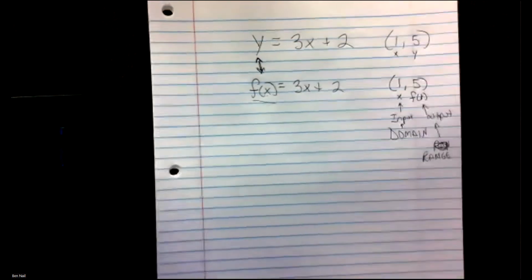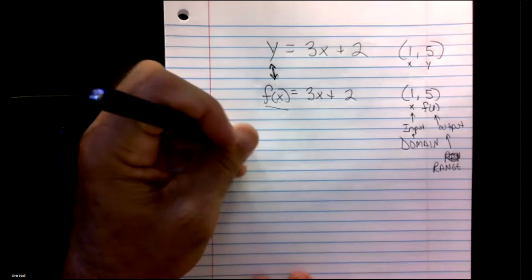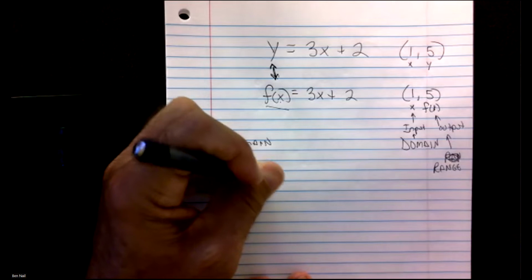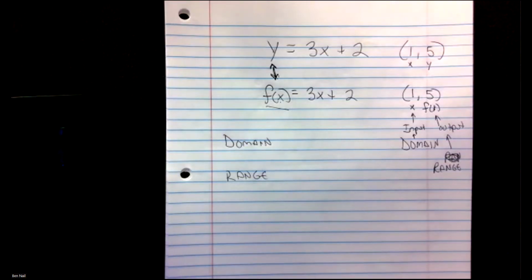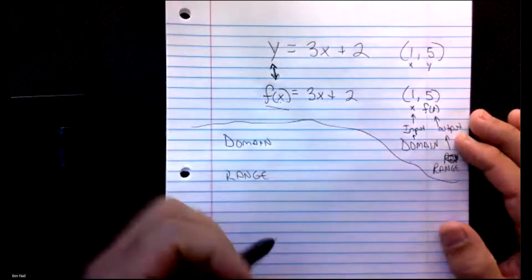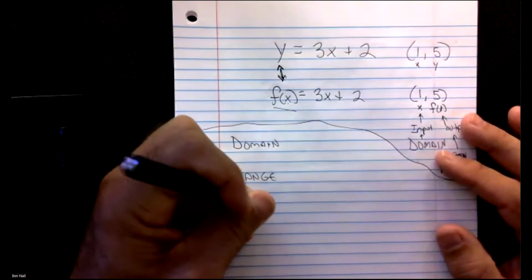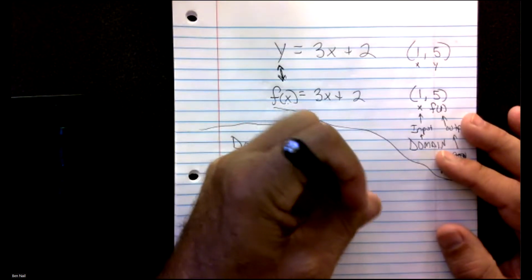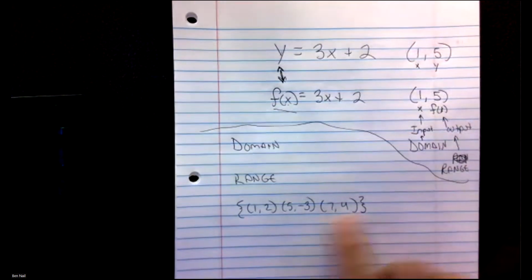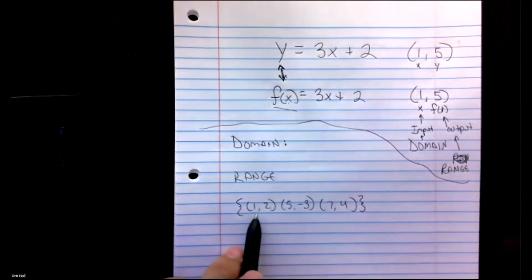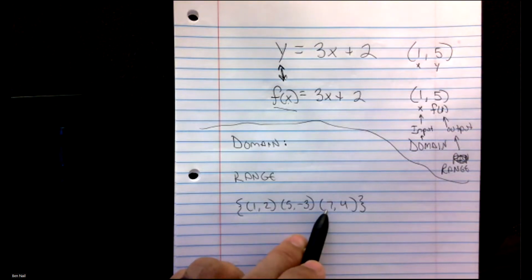So they're going to ask you for the domain and the range of some relations, and they'll give it in a couple of different ways. They may list some coordinates. For example, if they gave us a list of coordinates like 1 and 2, 5 and -3, and 7 and 4. So just some random coordinates. If they're talking about the domain, that is your set of x's.